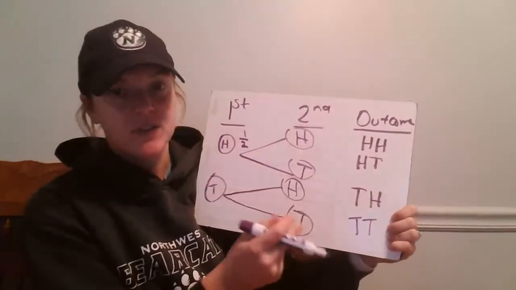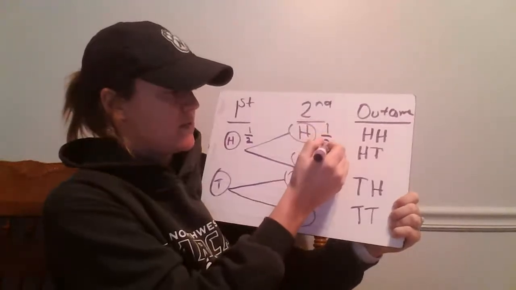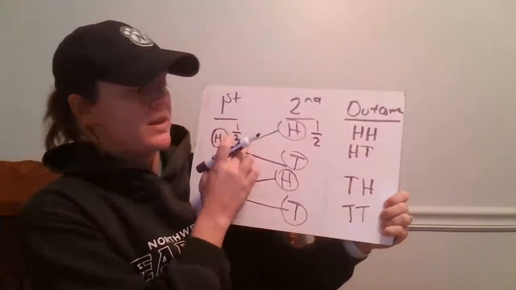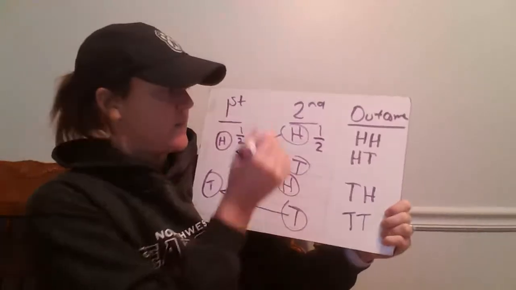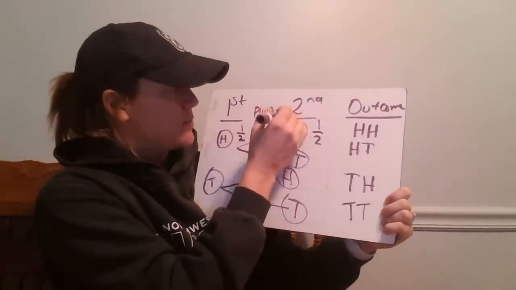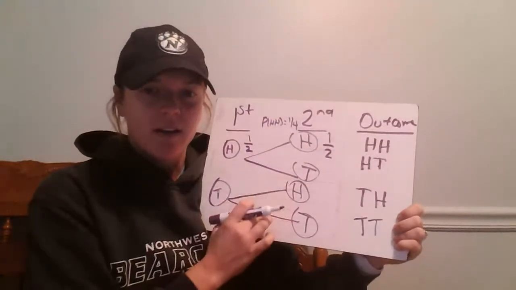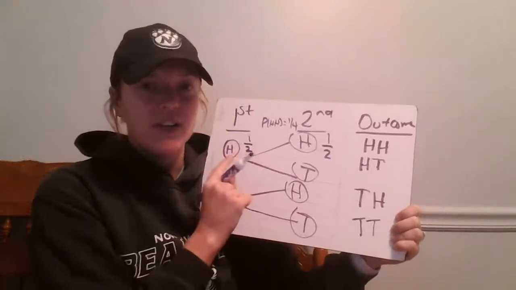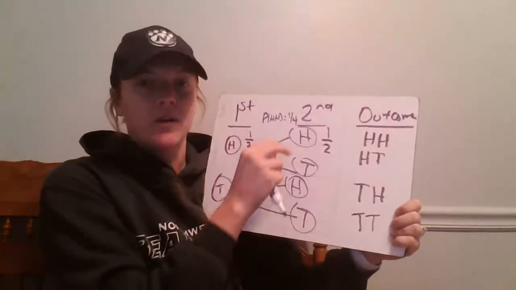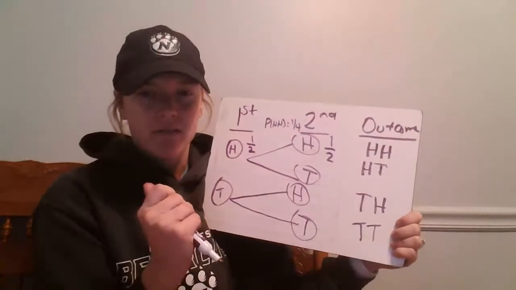And the second time there are still two outcomes and one heads, so it's 1/2. I multiply 1/2 times 1/2 to get the P of HH equals 1/4. Okay, so that was what your tree is going to look like.